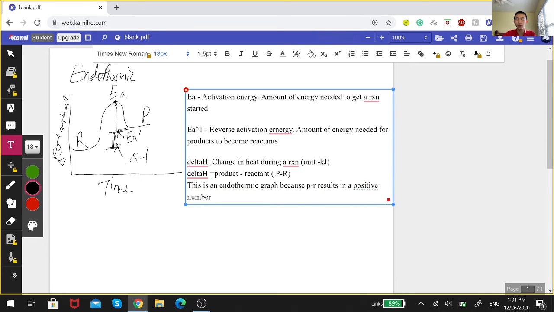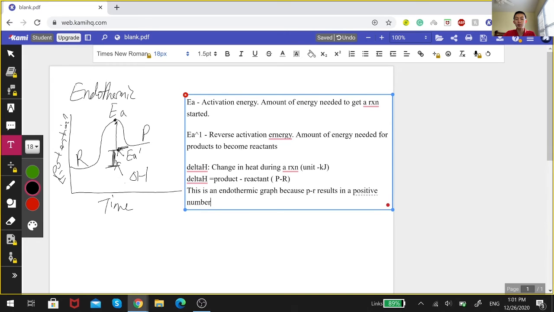If you remember our previous video about delta H's, we said that a positive H means it is endothermic.